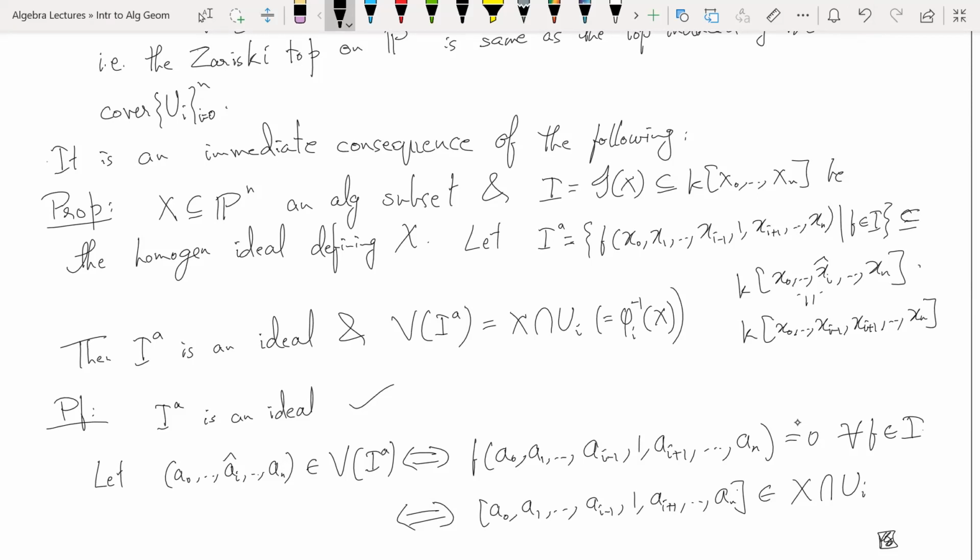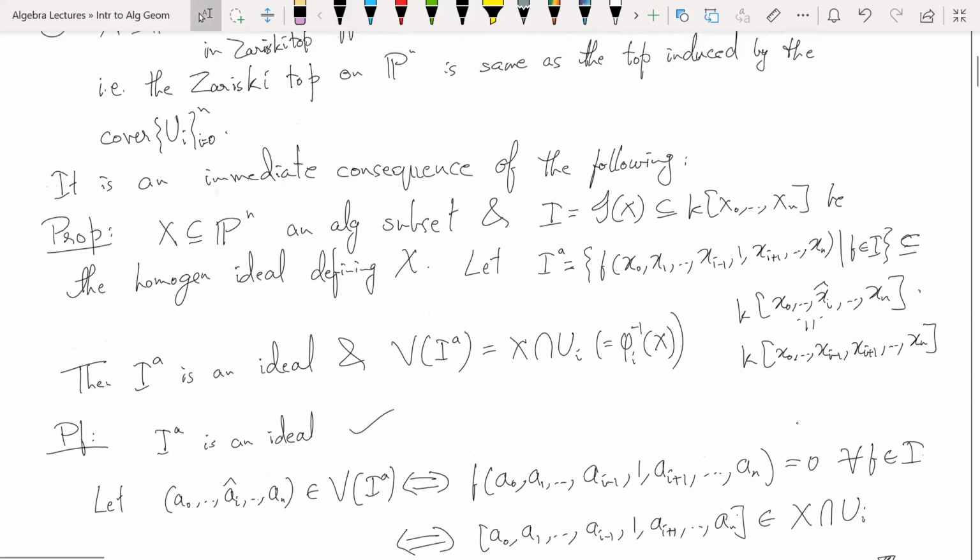As I said, we'll identify Ui with An using the injective map phi. So phi is a bijective map between An and Ui, and we just identify it.